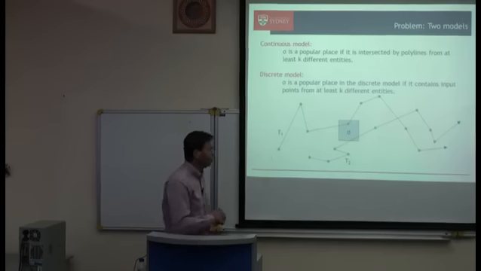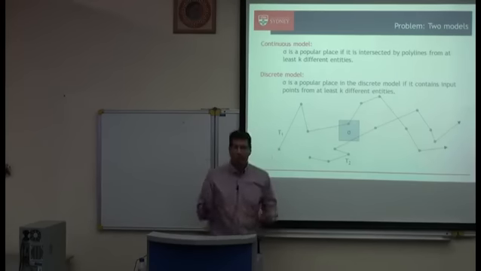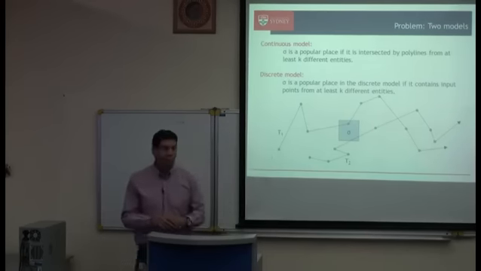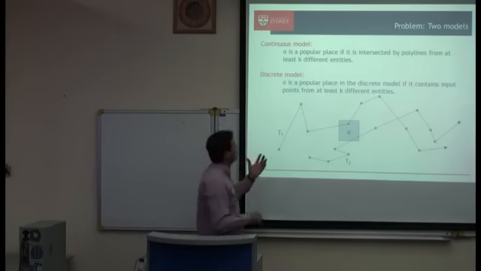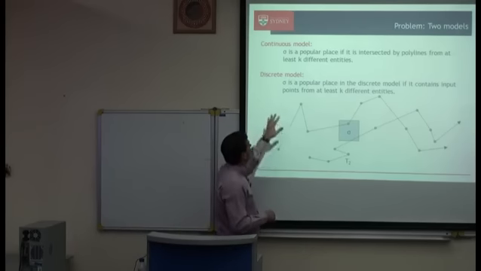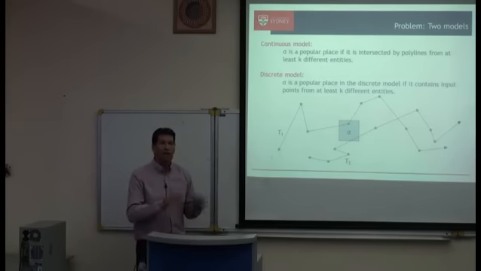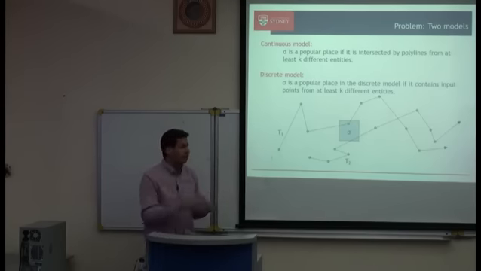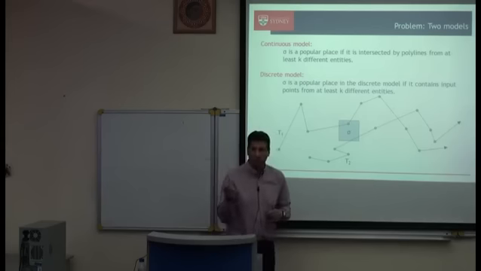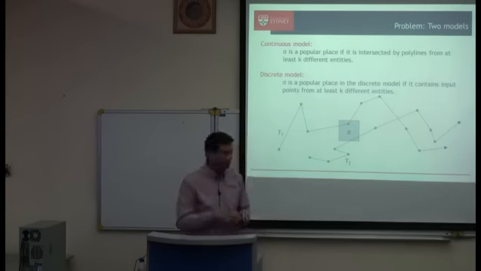There are two models again, just as we've been talking of for most of the problems this week. There is a continuous version, where sigma is a popular place if it's intersected by any part of the trajectory. So it does not have to contain a vertex of the trajectory.